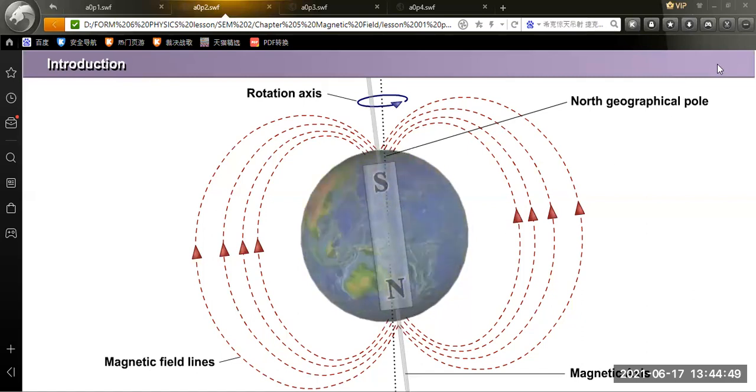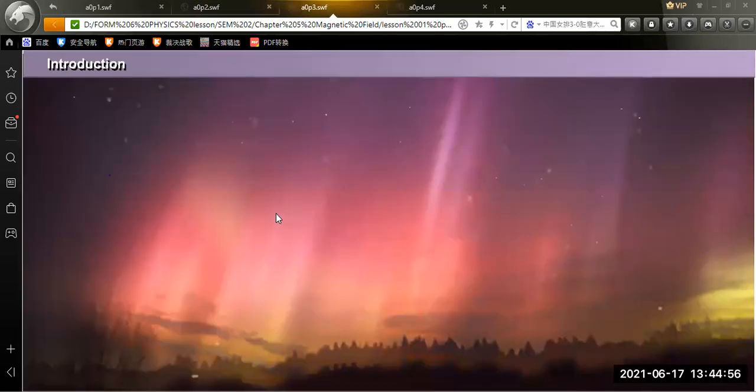They are interchanged, the magnetic poles. Now, let's look at the phenomenon. This phenomenon shows the sky with various colors.